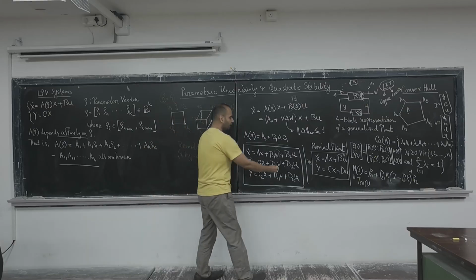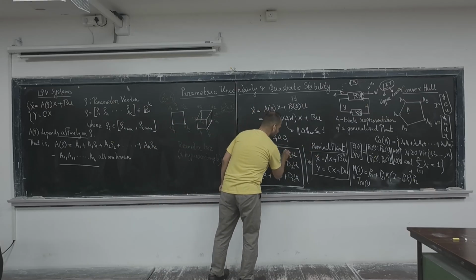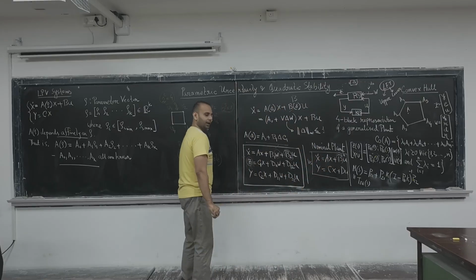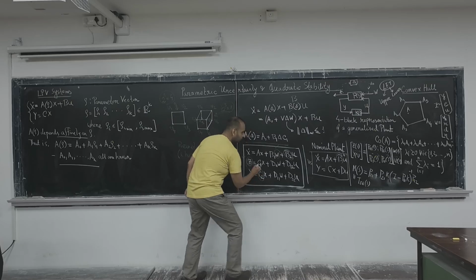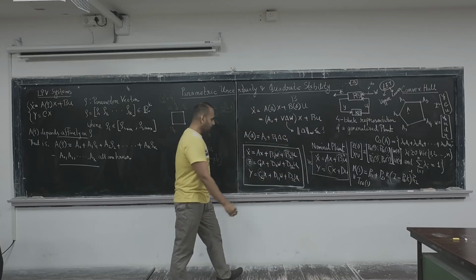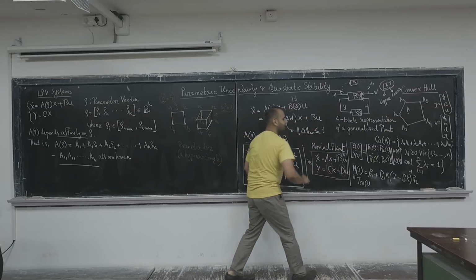Then this B2 and this B, they are the same. And similarly here, this C2 and this C, they are the same, right? And also here this D22 and this D, they are the same.